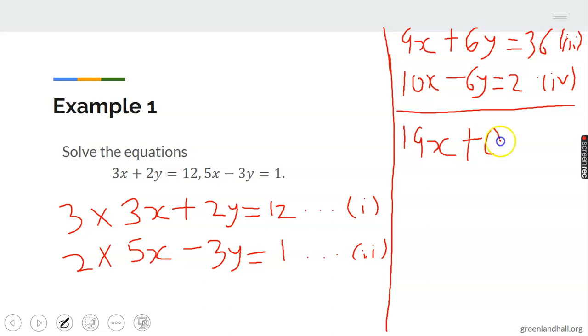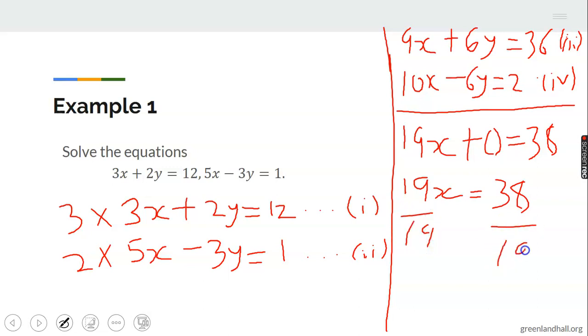Plus 0, equals 36 plus 2, which will give us 38. So this will give us 19x equals 38. Since you are looking for x, divide both sides by 19, and this will give us x equals 2.